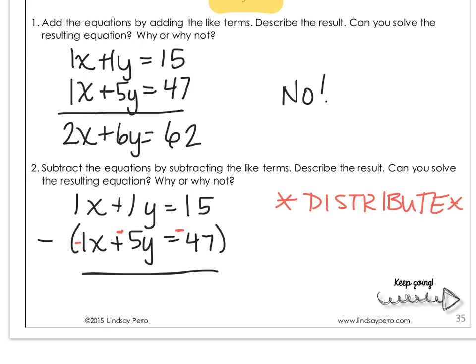So when I do that, now I have 1x minus 1x. Those are eliminated. Then 1y minus 5y is negative 4y, and 15 minus 47 is negative 32. So now I can solve for y, divide by 4, so y equals 8.